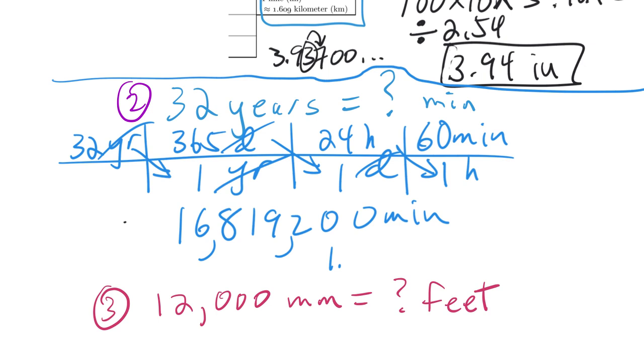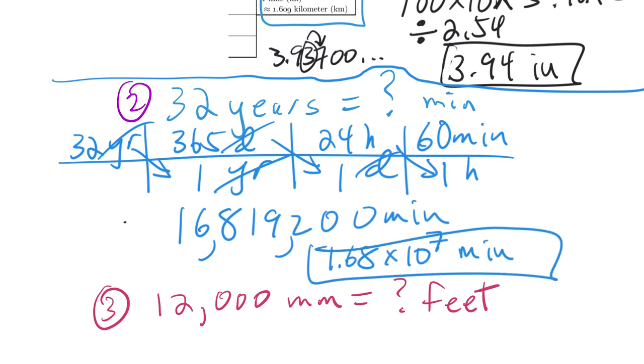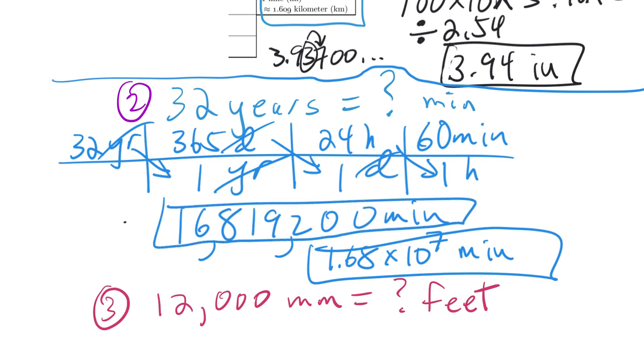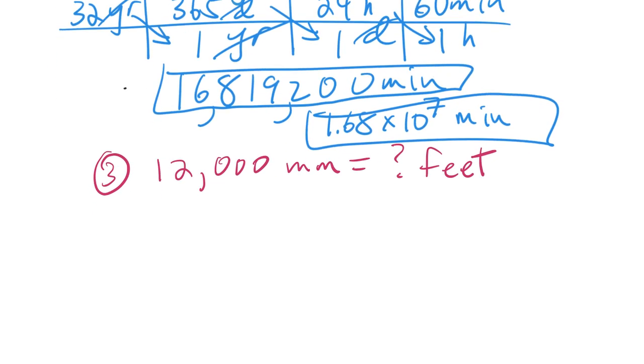So I would write 1.68 times 10 to the 1, 2, 3, 4, 5, 6, 7 minutes. But this answer is just fine as well. You could even round that off to 2 significant digits. I won't do that. Let's do the next one.